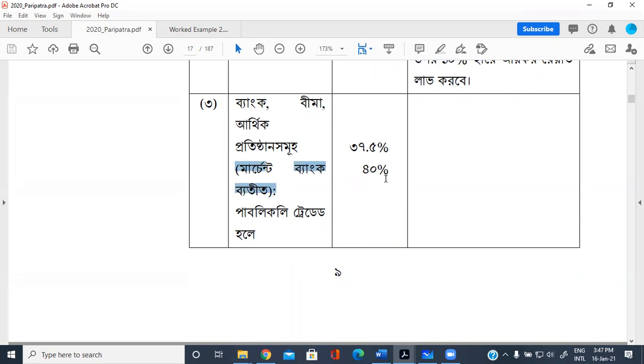Their tax rate is 37.5%. And if the company is a foreign company, in that case their rate will be 40%.